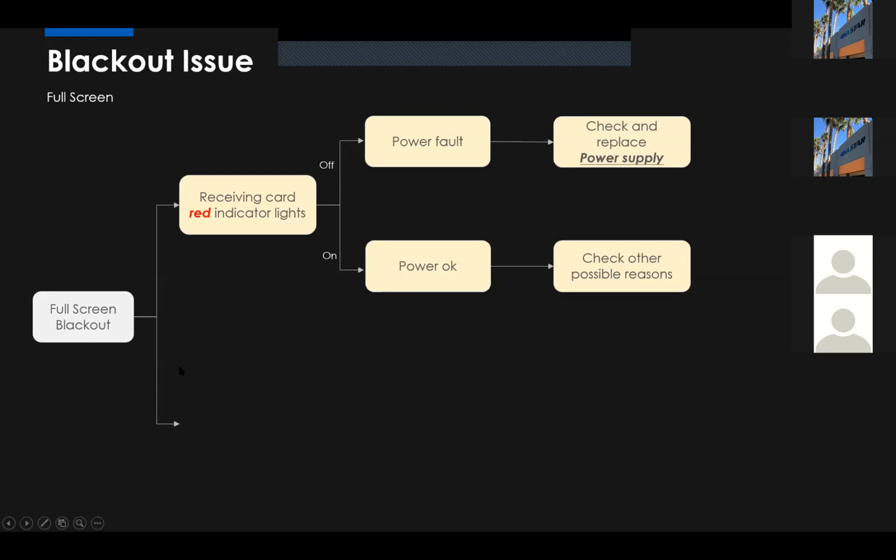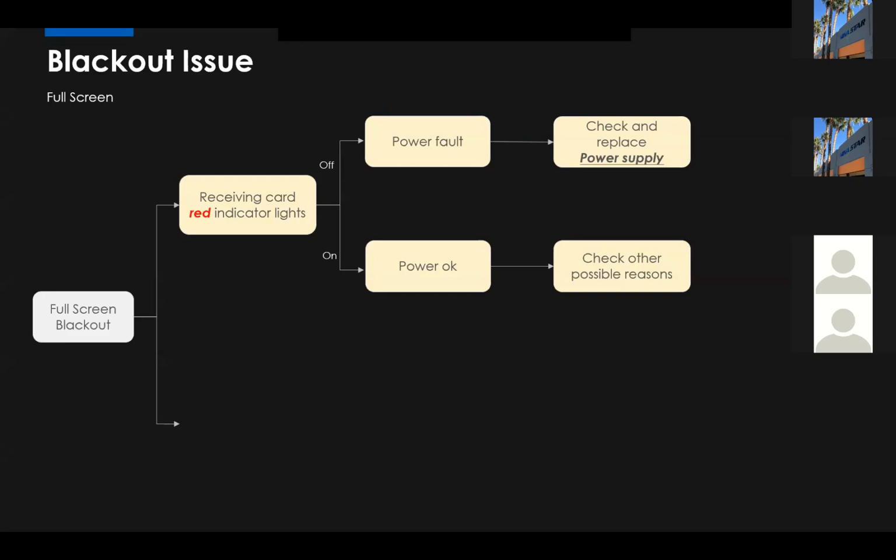As I just showed you, if the green indicator light flashes once every 5 seconds, or the flash is very, very slow, it indicates that the network cable is broken or not connected. In this case, we need to check the sending card or the Ethernet cable.